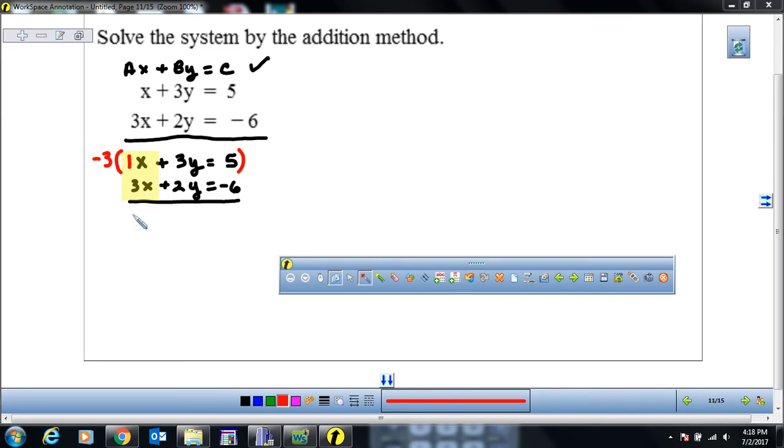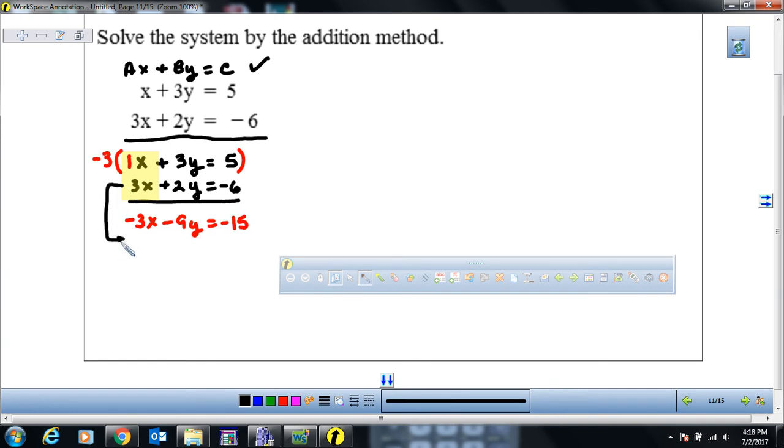So negative 3 times 1x is negative 3x. Negative 3 times 3y is minus 9y, equals negative 3 times 5, which is negative 15. And what we have to do is add it to this other equation, 3x plus 2y equals negative 6. When we add these two equations, that's step 3.